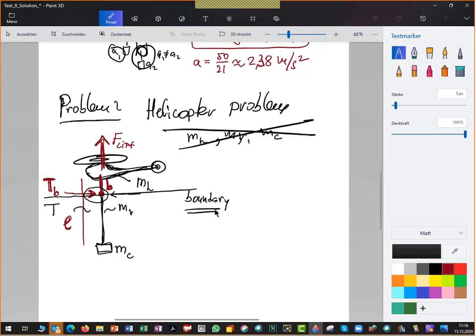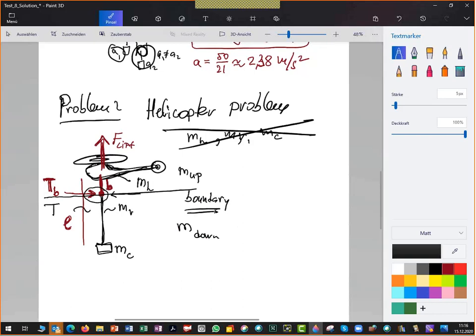And then all masses that are below this boundary, you will call mass down. And all masses that are above this boundary, you will call mass up. Or you can call them something more interesting if you wish, but I will call them M up and M down.